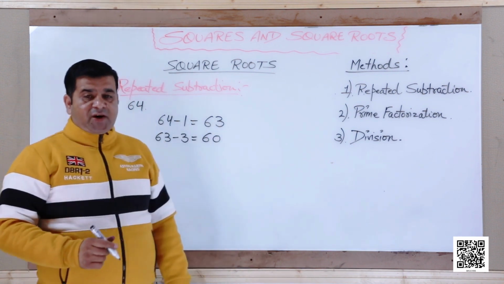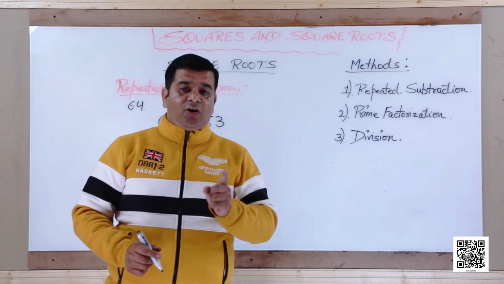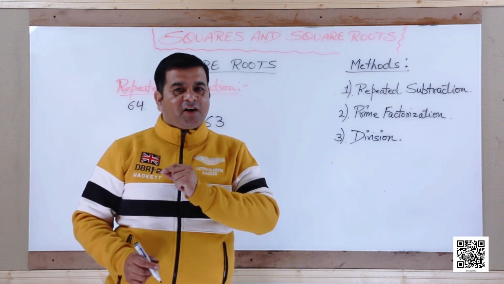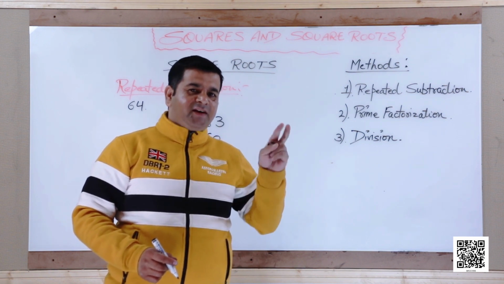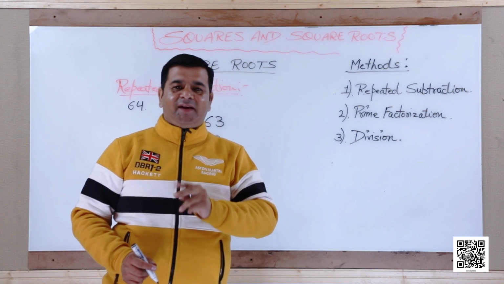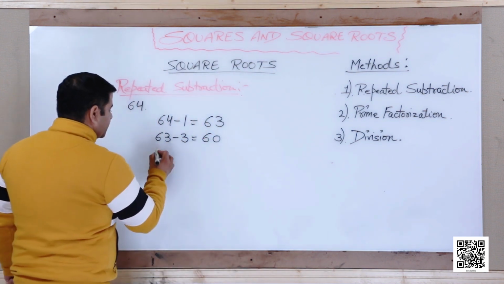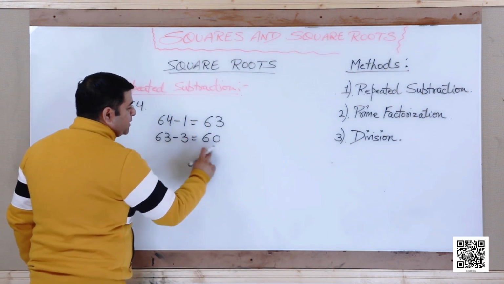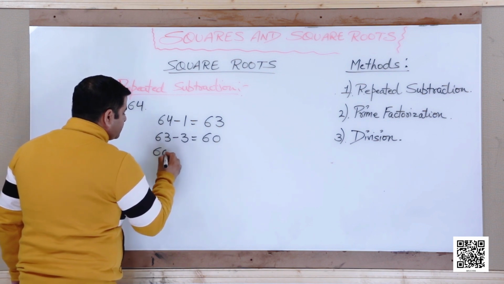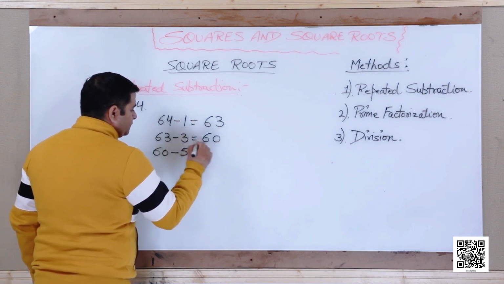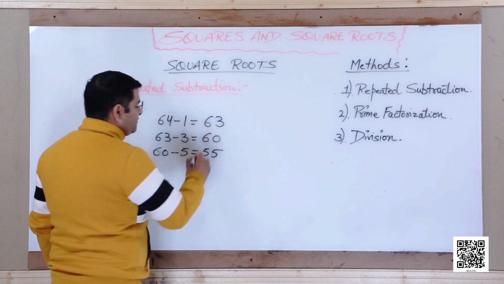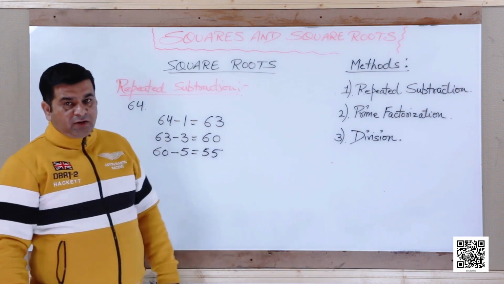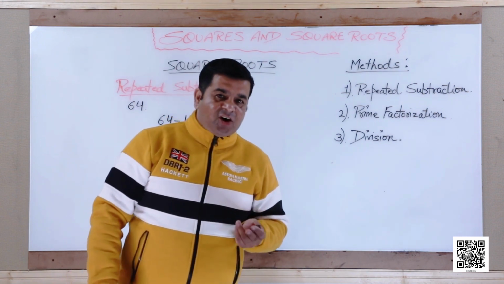Now, we will subtract the third odd number. Which is the third odd number? If you count odd numbers, it's like 1, 3, 5. So, the third odd number is 5. We will subtract 5 from this number 60. See, 60 minus 5 is 55. Now, which is the next odd number?